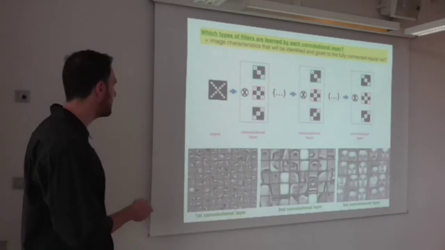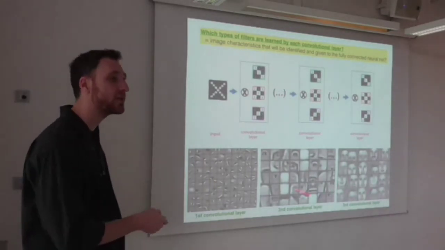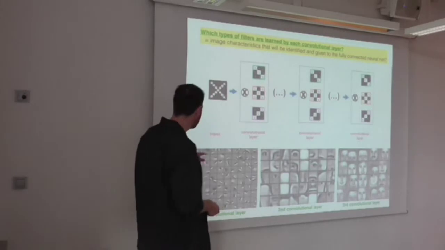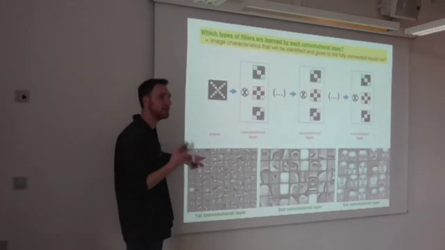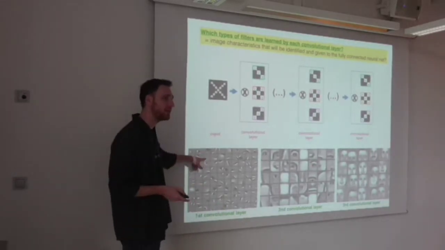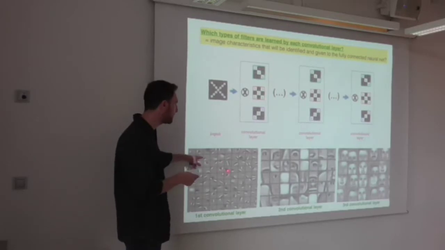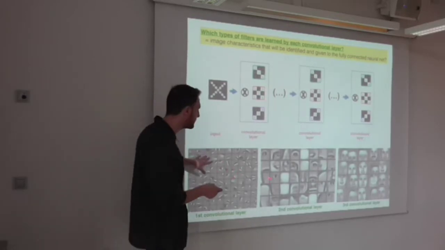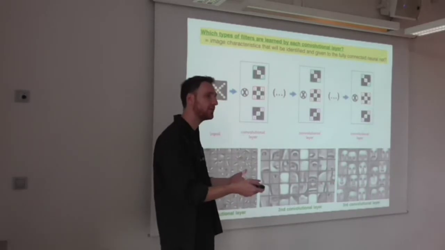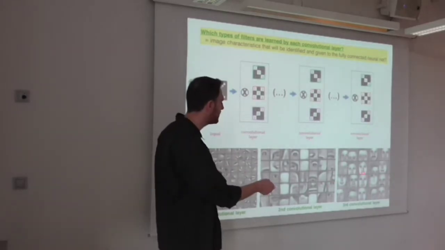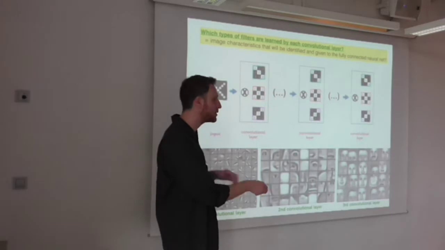But now the filters that the network is going to learn are not filters that help in a classification task. Here, why was the network coming up with these specific filters? Because the task of the network was to classify whether there was a face in the image or not.